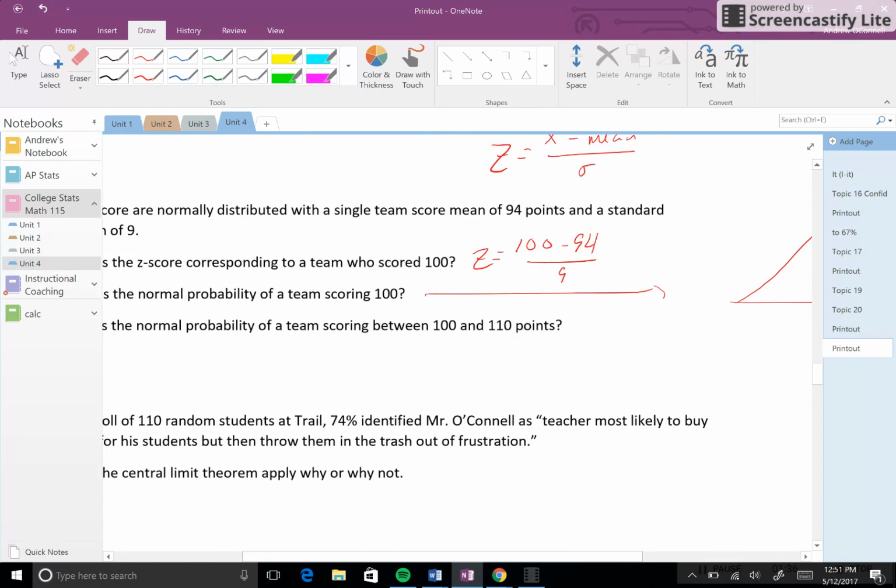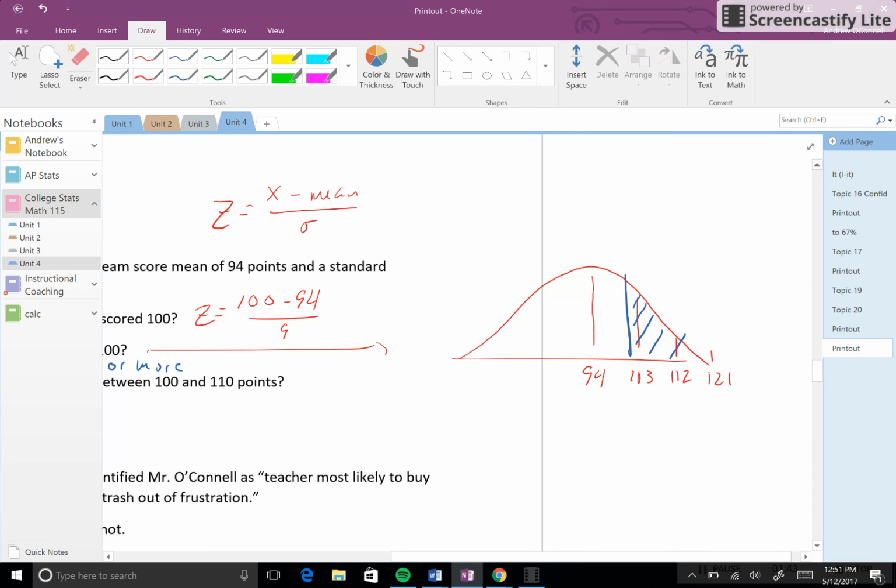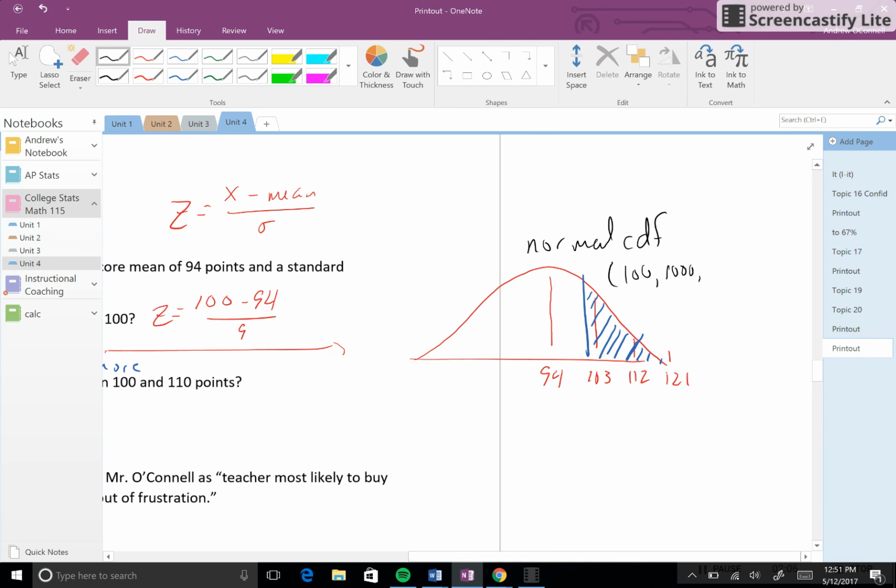And then I believe they asked team scoring 100, we'll put or more. None of these questions ever ask for exactly 100. So in that case, it would be a normal CDF from 100 to something obscenely large, let's say like 1,000, because we know there's no NBA team that scores 1,000.